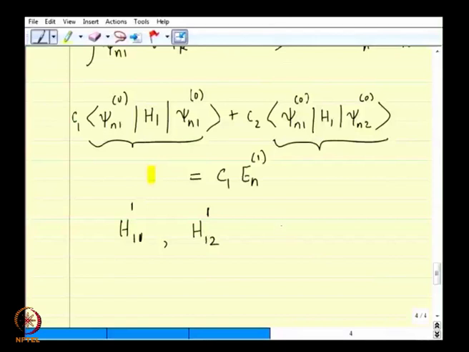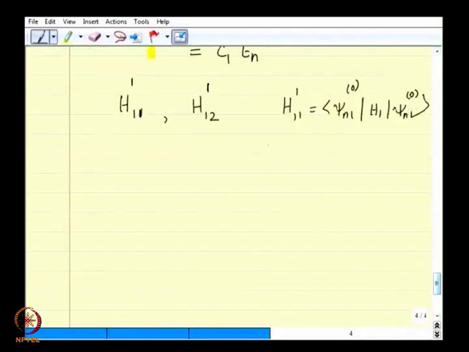So H1 1 1 is psi n1 0, H1 psi n1 0, and likewise H1 1 2 is psi n1 0, H1 psi n2 0.